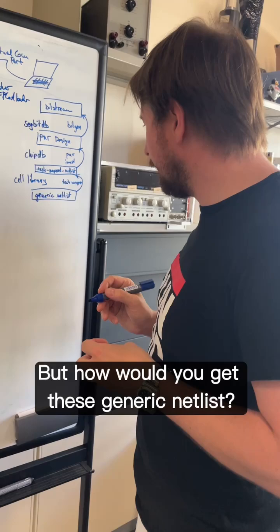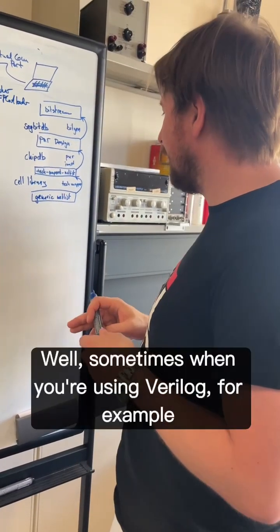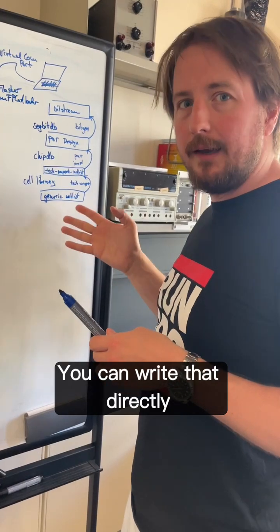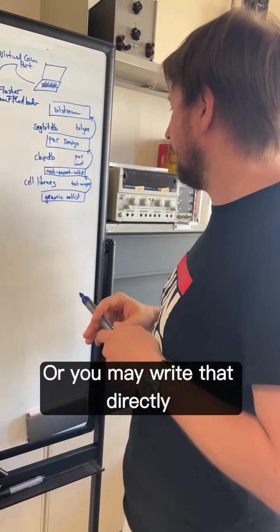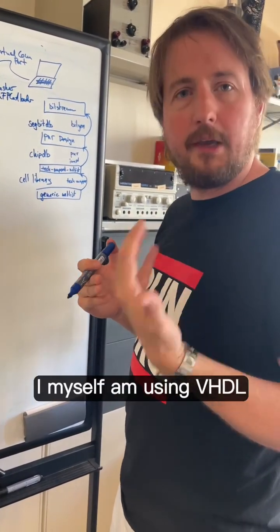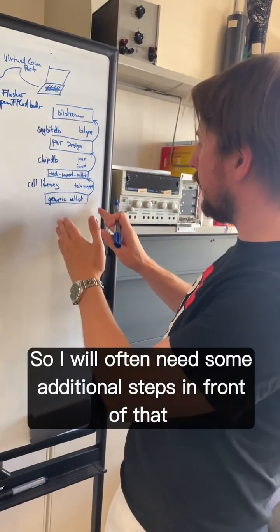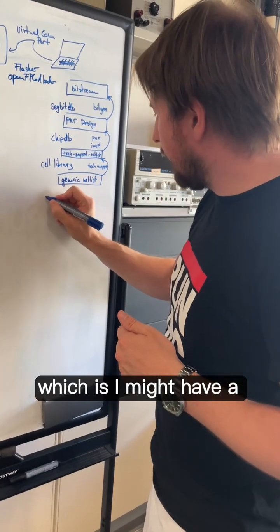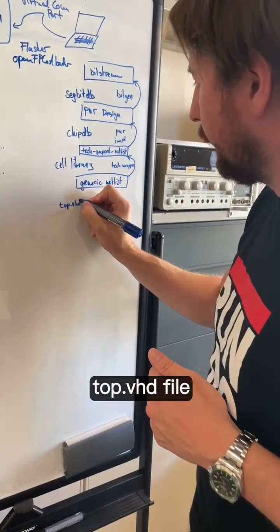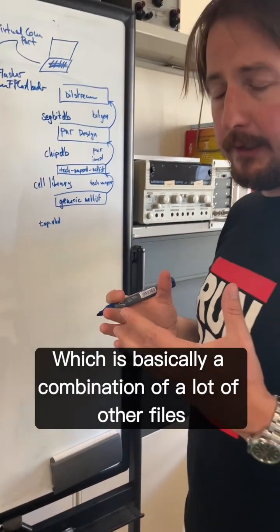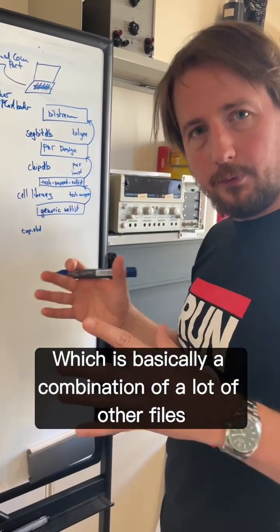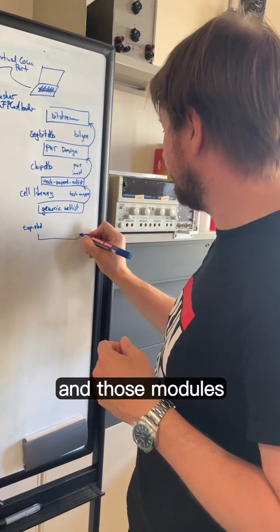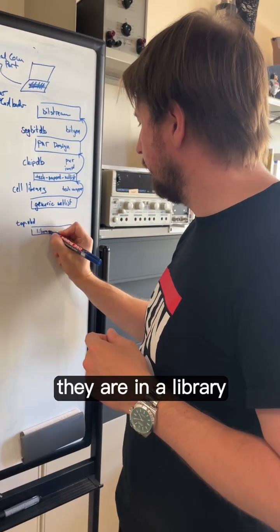But how do we get this generic netlist? Well, sometimes when you're using Verilog, for example, you may write that directly. I myself am using VHDL, so I will often need some additional steps in front of that. I might have a top.vhd file, which is basically a combination of a lot of other modules, and those modules are in a library.